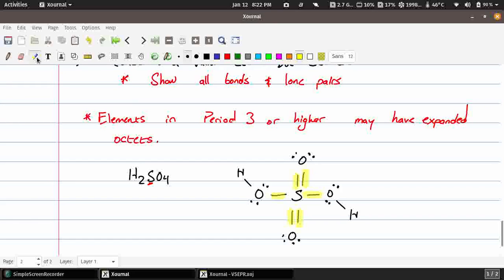Whereas, say we look at water, water's got 2 bonds and 2 non-bonded pairs. So these lone pairs factor into the electron geometry, giving it a tetrahedral configuration for its electrons with the bonds and the lone pairs. But our molecular geometry really doesn't take these into account except for determining what the electron geometry is going to be so you can figure out the molecular geometry.